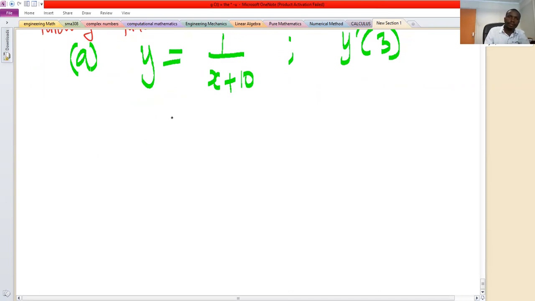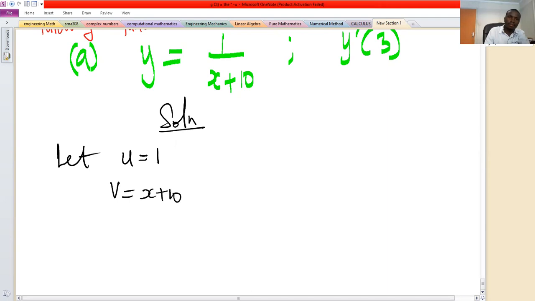So, solution. Let u be 1 and v be x plus 10. This implies u prime is 0, and v prime is 1.